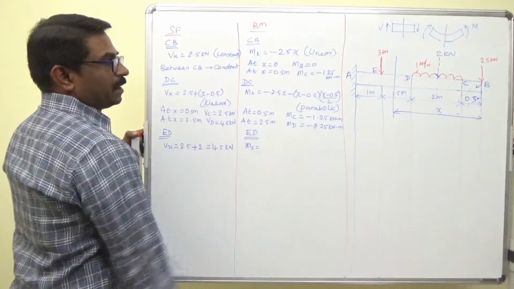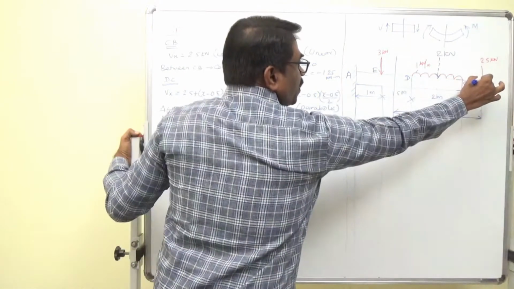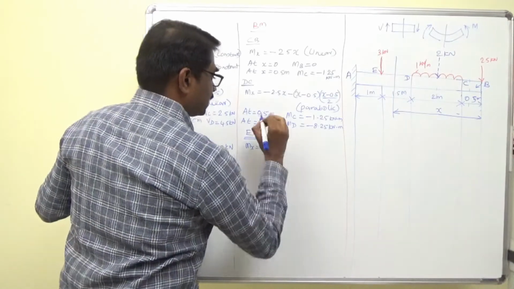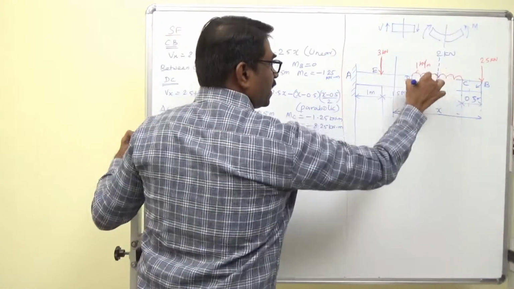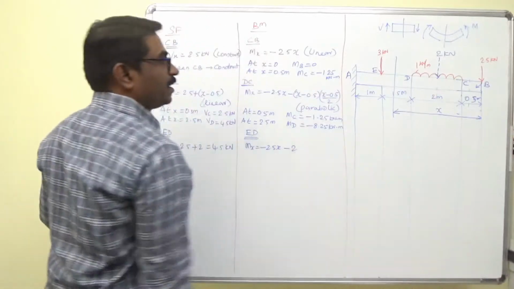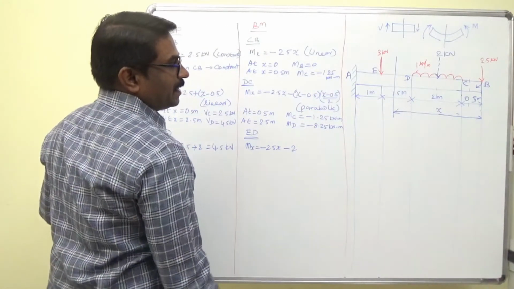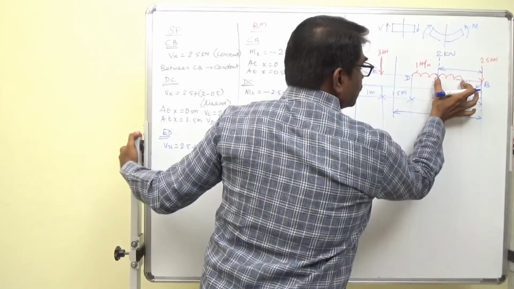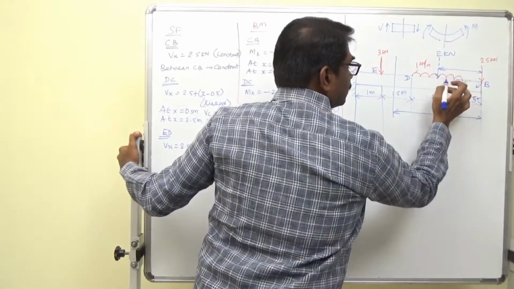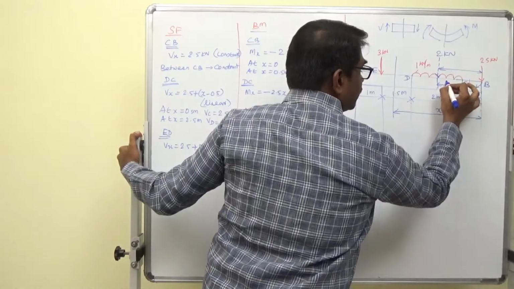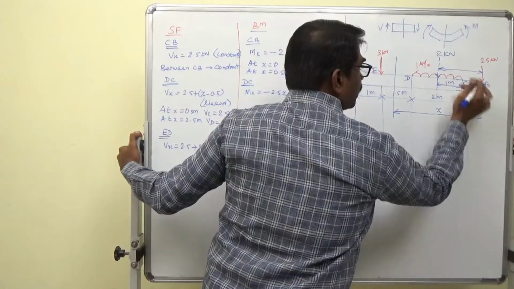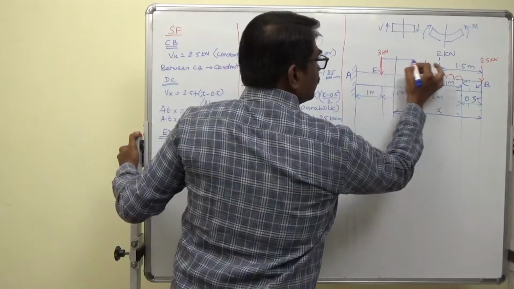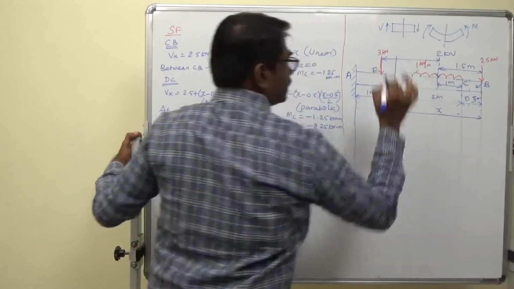So we will find the bending moment now. Mx: force 2.5 into x, minus 2.5 into x, then it is also minus, it is 2. What is the perpendicular distance? What is this distance? It is half, it is 1. So this distance is 1 meter and this is 0.5, so 1.5 meter.